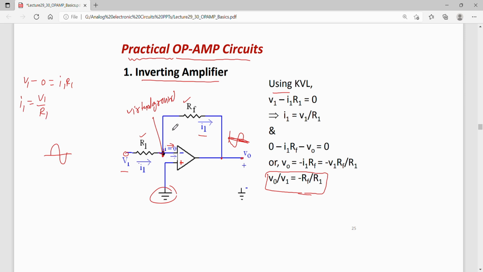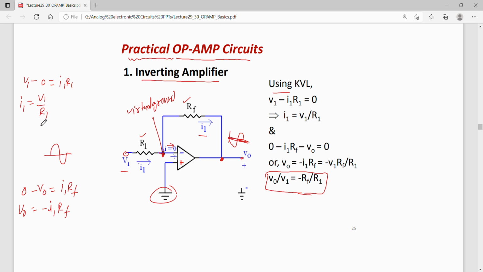Now in this loop I can write, this is at 0, so 0 minus V0 is I1 times RF. Or from here I can write V0 as minus I1 times RF, and I1 we found here is V1 by R1.